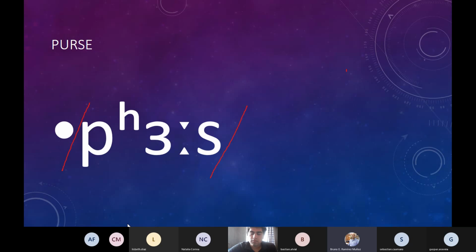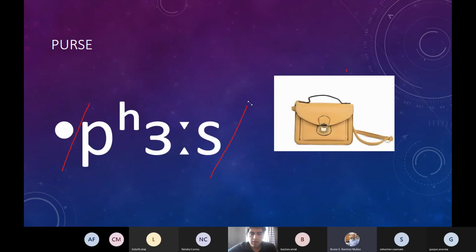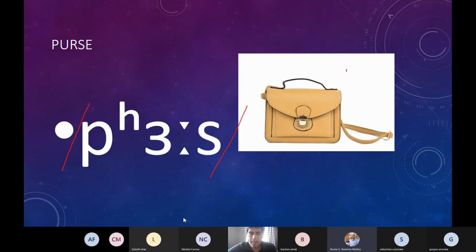Do you know what a purse is? It's a little bag, a female bag, or not? Ah, yes, it is. So that's pretty much it.